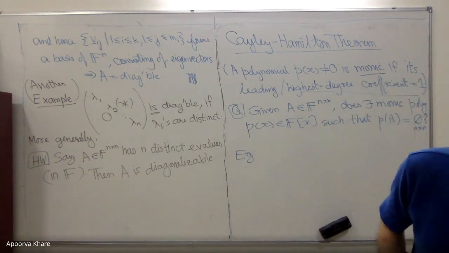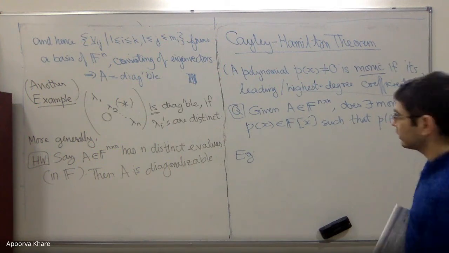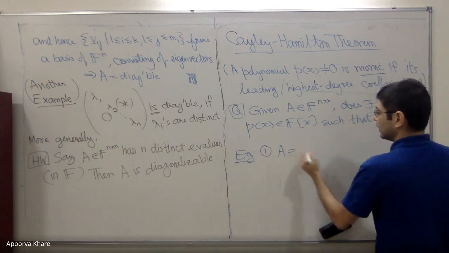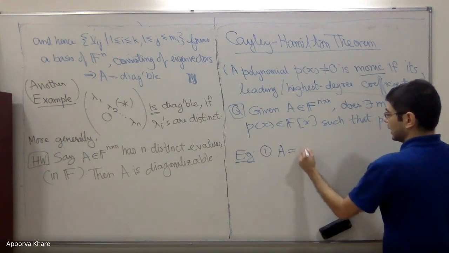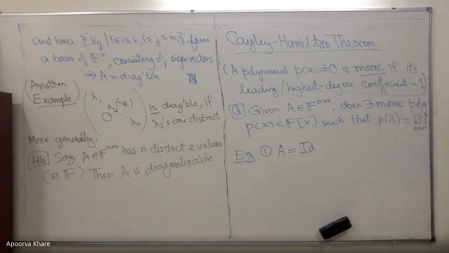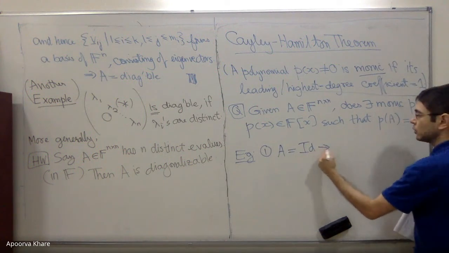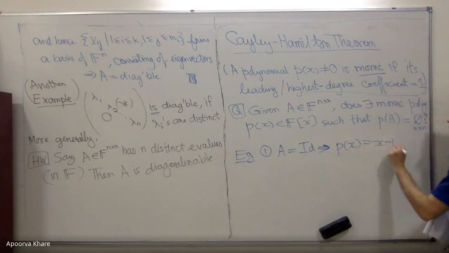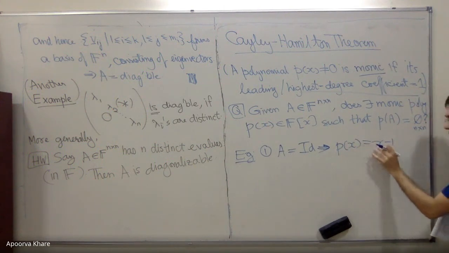Let's do lots of examples. Example 1, A equals, let's say, the identity matrix. So it's just ones and zeros. Now, if you look at x minus 1, then what do you get when you apply this to A?